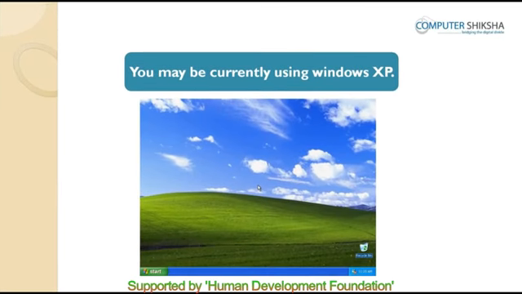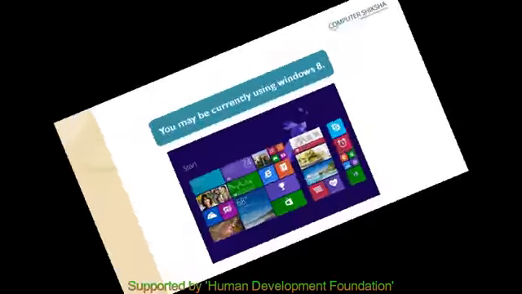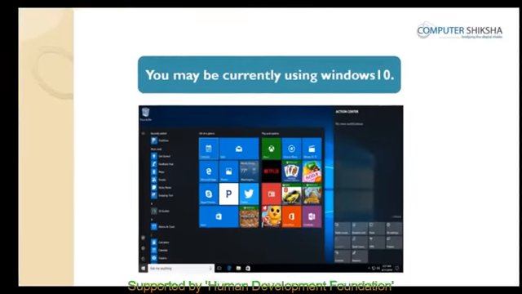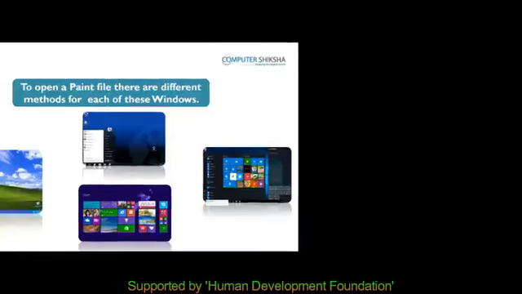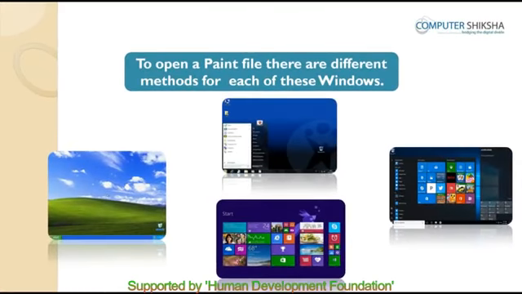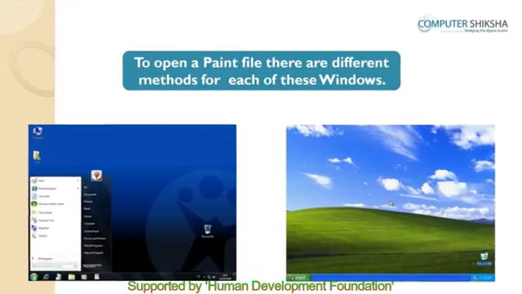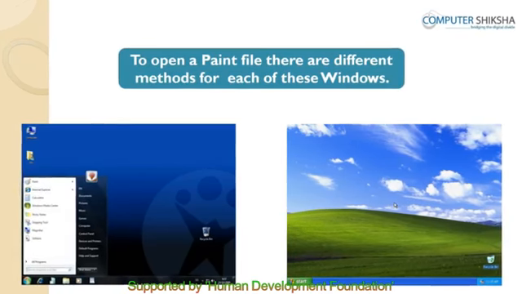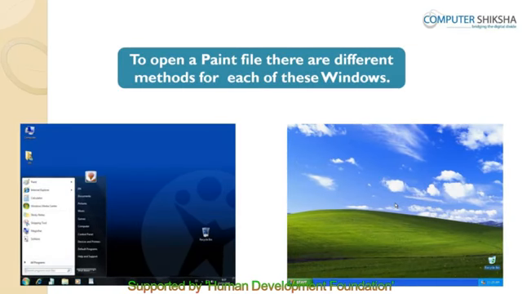You may be currently using Windows XP or Windows 7 or Windows 8 or Windows 10. To open a Paint file, there are different methods for each of these windows. Now we will learn how to open a MS Paint file in Windows XP or Windows 7.